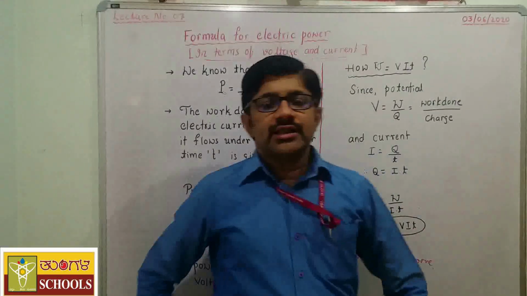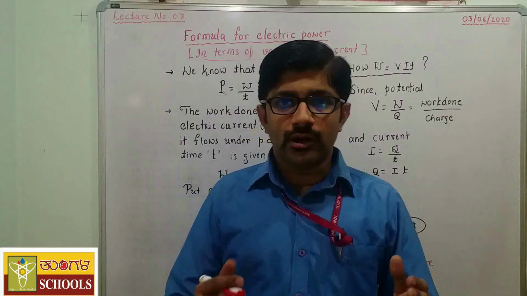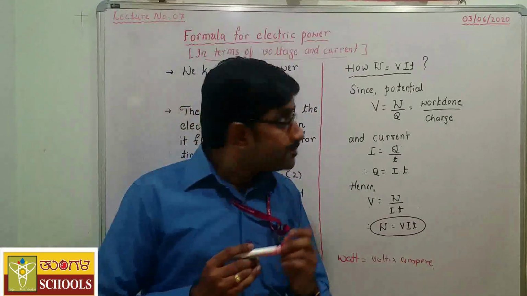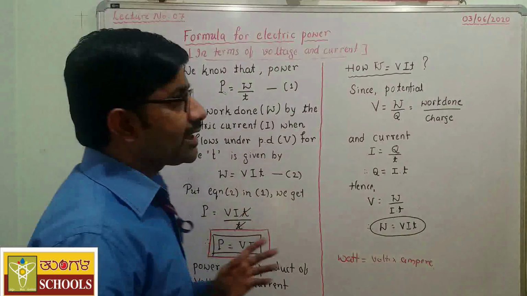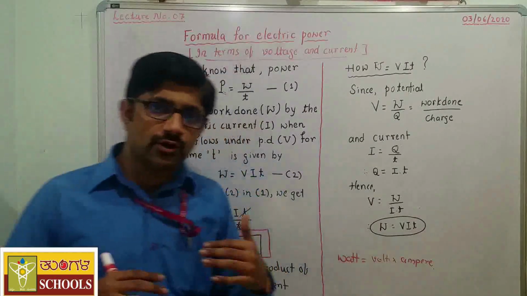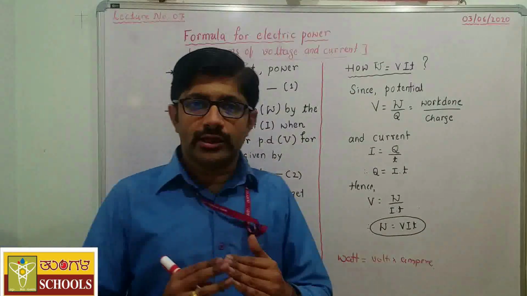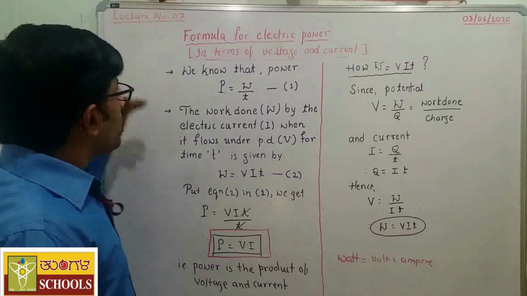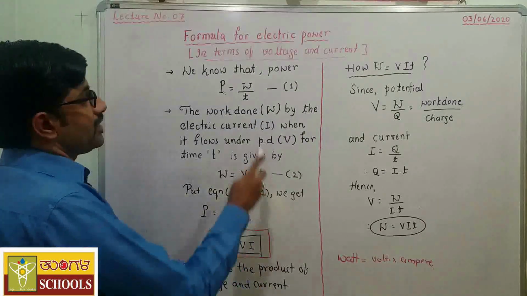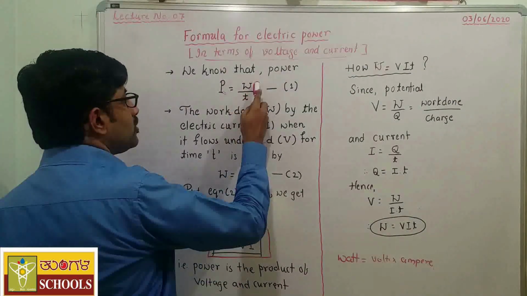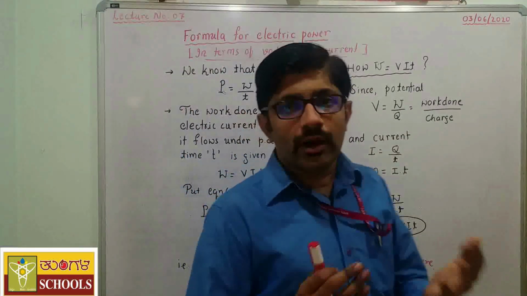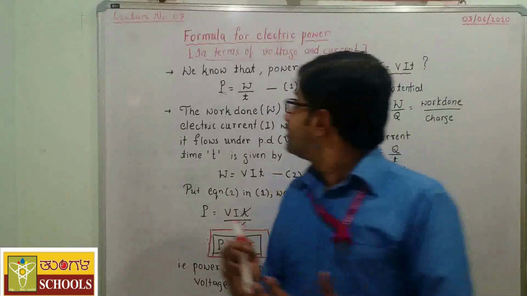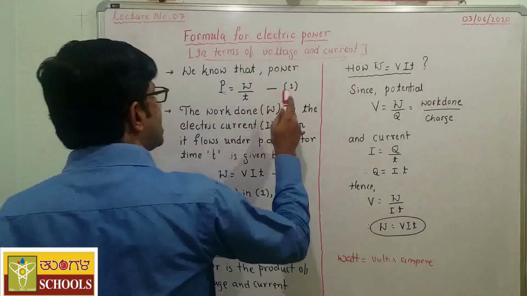Dear students, let's find out the formula for electric power, or writing electric power in terms of current and voltage. We already know that from the definition, P is equal to W by T. Power is the ratio of work done and time. Call that equation number 1.